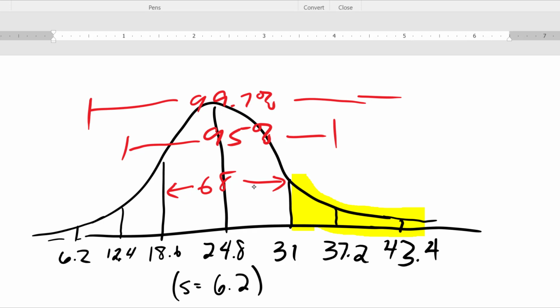This middle part is 68%. So what does that mean I have left in these 2 tails? 100 minus 68% is 32%. So I have 32% for both tails, but all I want is this one tail. So 32 divided by 2 is 16. That is 16% left over.